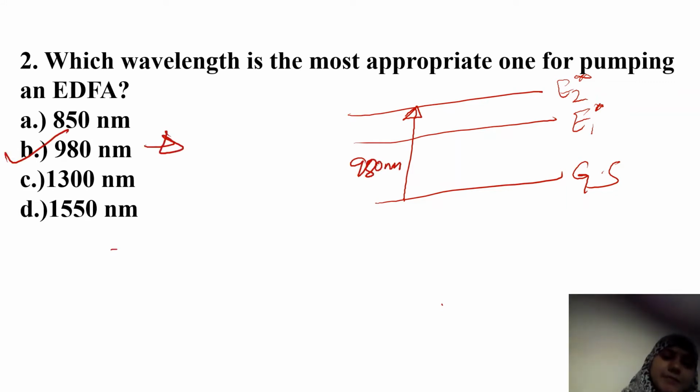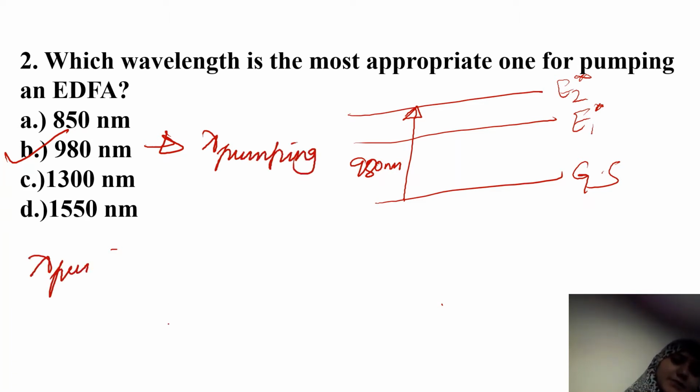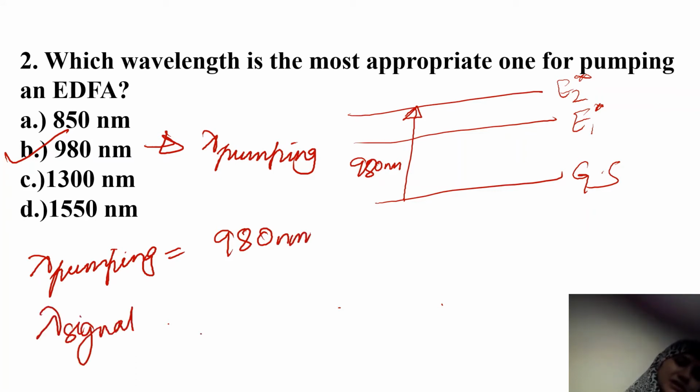This is the pumping wavelength. Okay, so what do we learn? That lambda pumping is equal to 980 nanometers, and lambda signal is equal to 1550 nanometers. Okay, so let us move on to the next question.